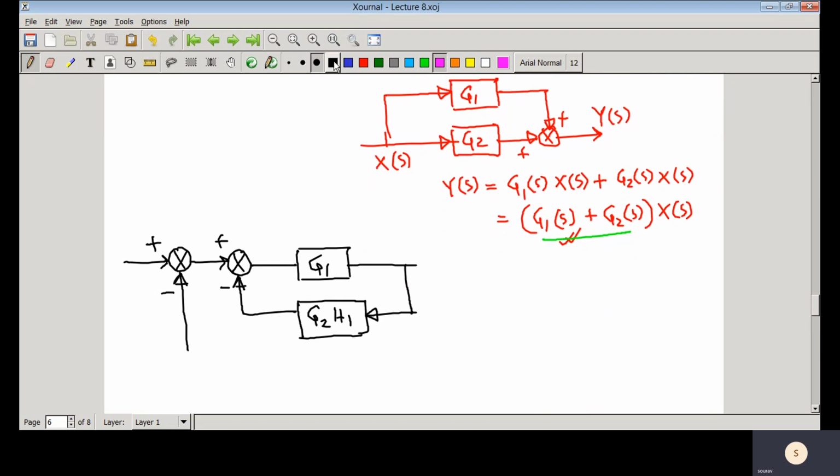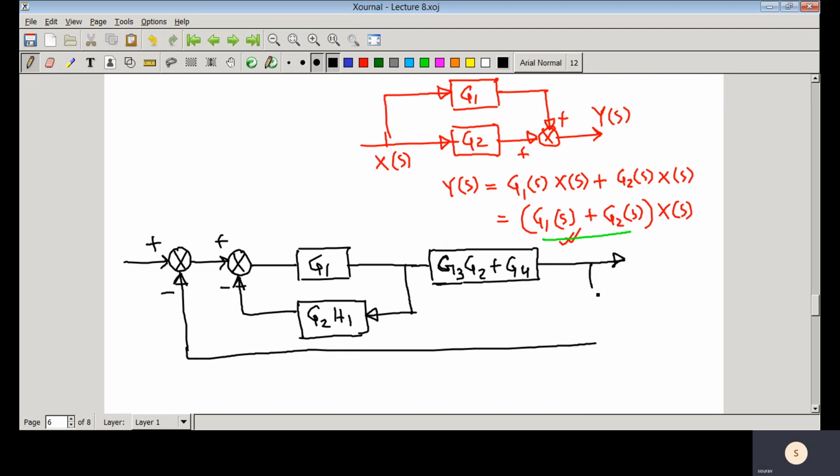So here you have one block, that would be G3 G2 plus G4. So this is that simplified block diagram.